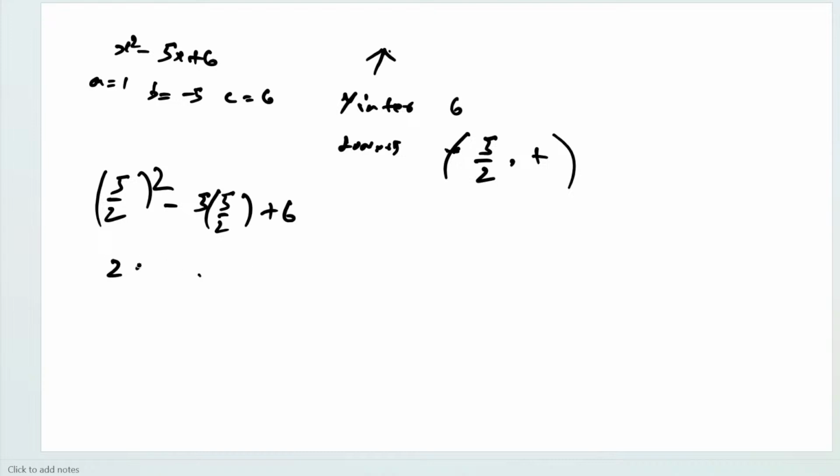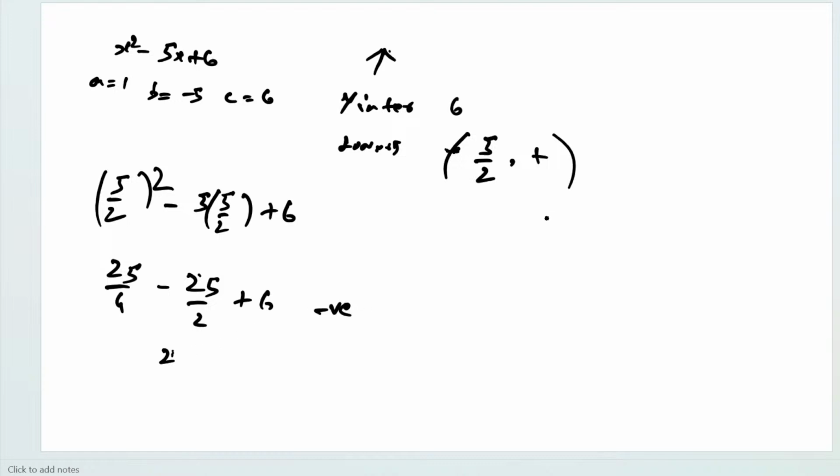This is 25 by 4 minus 25 by 2 plus 6. Is it positive? No, sir, it's negative.